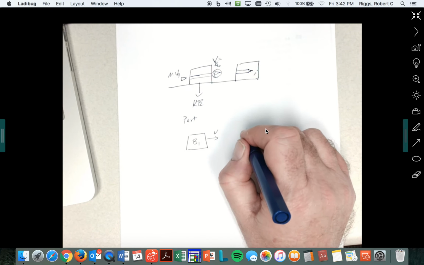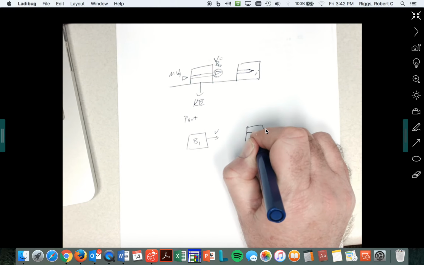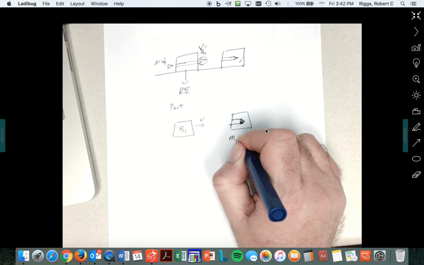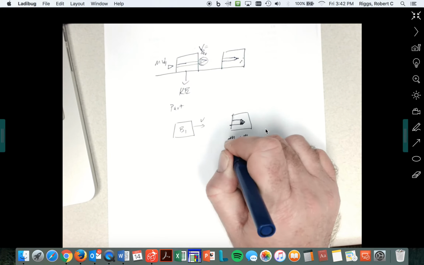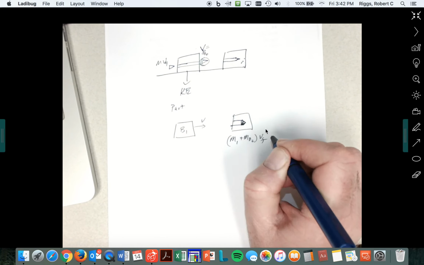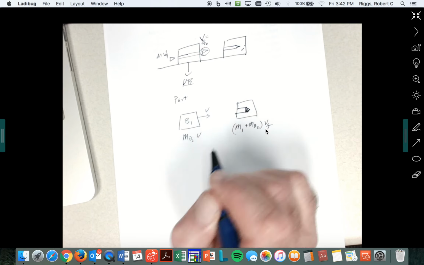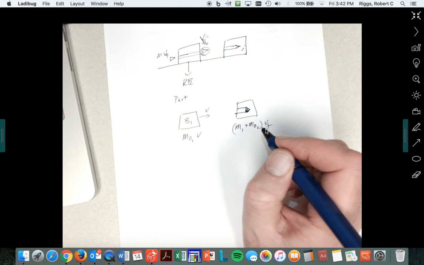And the bullet-block combo, this bullet lodged inside this block, is mass of bullet plus mass of block 2 times the final velocity that you computed, and then mass of block 1 times its velocity. This also has a kinetic energy.